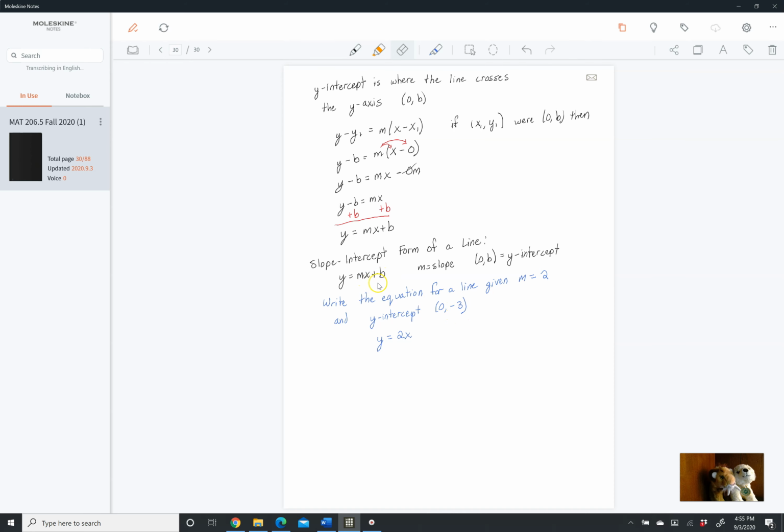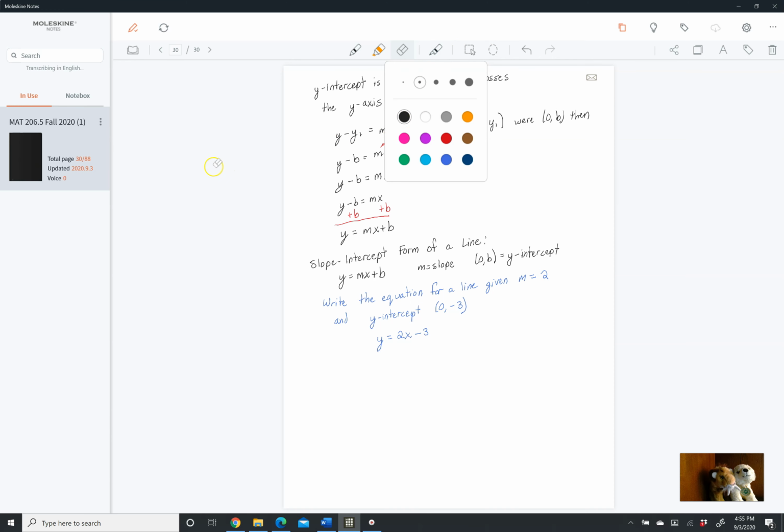So we have plus b, so plus -3, which we can just write as -3. Okay. And again, which equation depends on the information that you're given. If you're given a slope and any point, then you have to use point-slope form. If you're given a slope and a y-intercept, then you're going to be using slope-intercept form. Okay. And the last one can't really be derived.